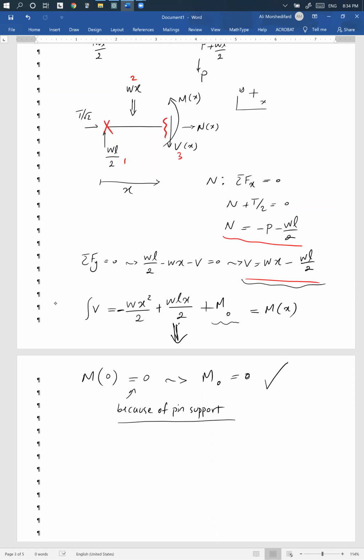Okay, I'm gonna unmute Giovanni. Hello. Hey Giovanni, how are you? Hi, good. About the Fy, aren't the signs correct before you change them? Shouldn't it be negative WX plus WL/2? See. So this is definitely correct, right? Do you agree? Yes.